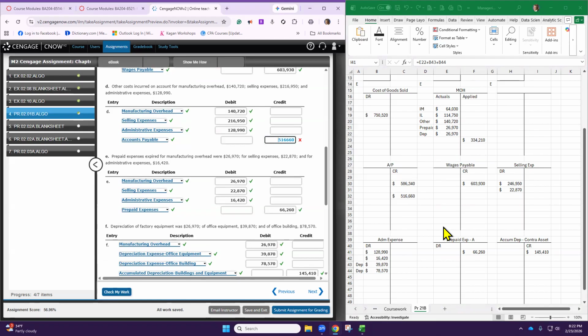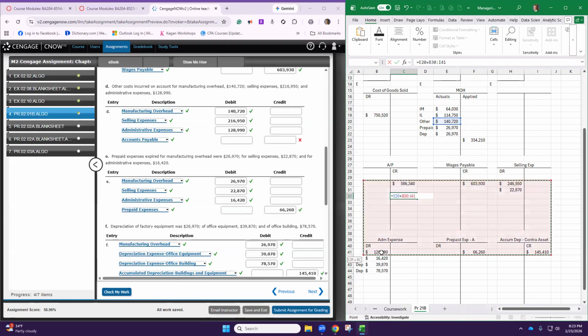These are good. So this is going to be accounts payable. Let me go add up. Equals 140, which is the other, plus 216,950, and this one. Whoop. I've got to fix this one. My selling expense is in wrong. 216,950.